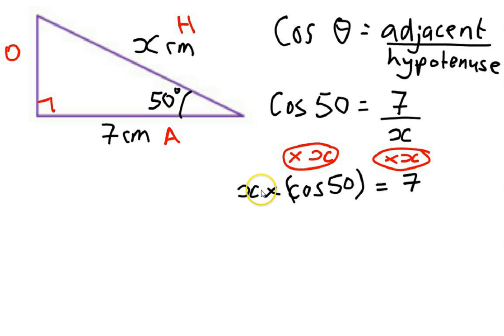Now that we've got x out of the fraction, we want to get x on its own on one side of the equation. x has been multiplied by cos 50, so to undo that I'm simply going to divide both sides by cos 50. Whatever I do to one side, I have to do to the other.